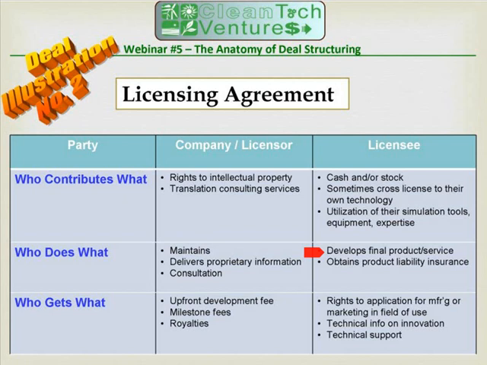So as the license agreement is put together, this relationship between you as the current owner of the technology and the licensee has to be looked at as kind of a partnership or teaming in terms of time. You've got the first leg of the race, they have the last leg of the race, but you want to make sure that they're the right person at the right time with the right resources and the right motivation to aggressively move that technology into the marketplace.